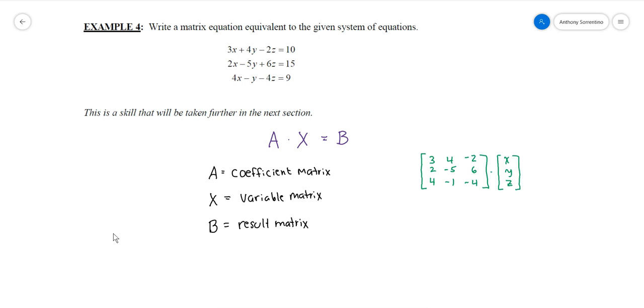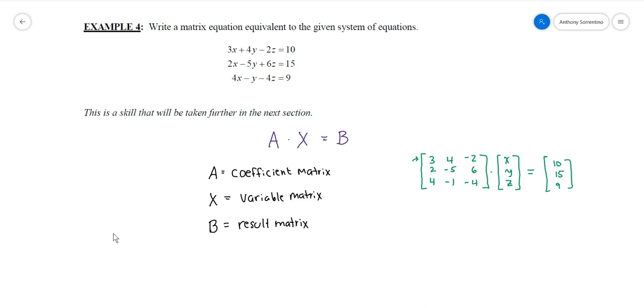And if we stop right there, as far as the left-hand side goes, if you carry through matrix multiplication the way we would do them, we would take this first row and multiply by the column, that's 3 times x plus 4 times y minus 2 times z, which is what we had on the left-hand side in the very first equation. So this is relying on you knowing your matrix multiplication, and it's going to equal, of course, 10, 15, and 9 on this side. So that's the answer for this.